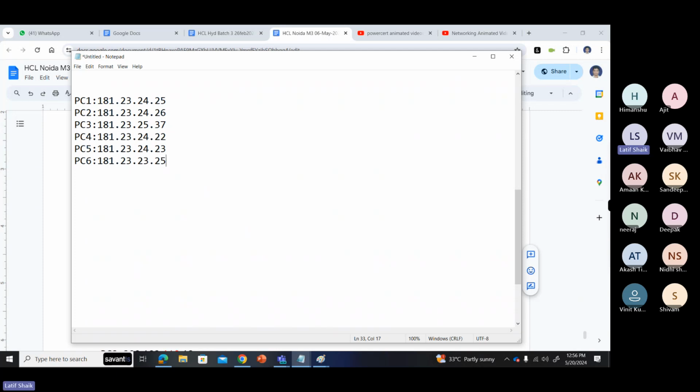23 and 25 or 23. Is it generating any conflicts? No conflict. Why? Because it is a different host version. Sir, if any one block has a different number, then it's a different network.